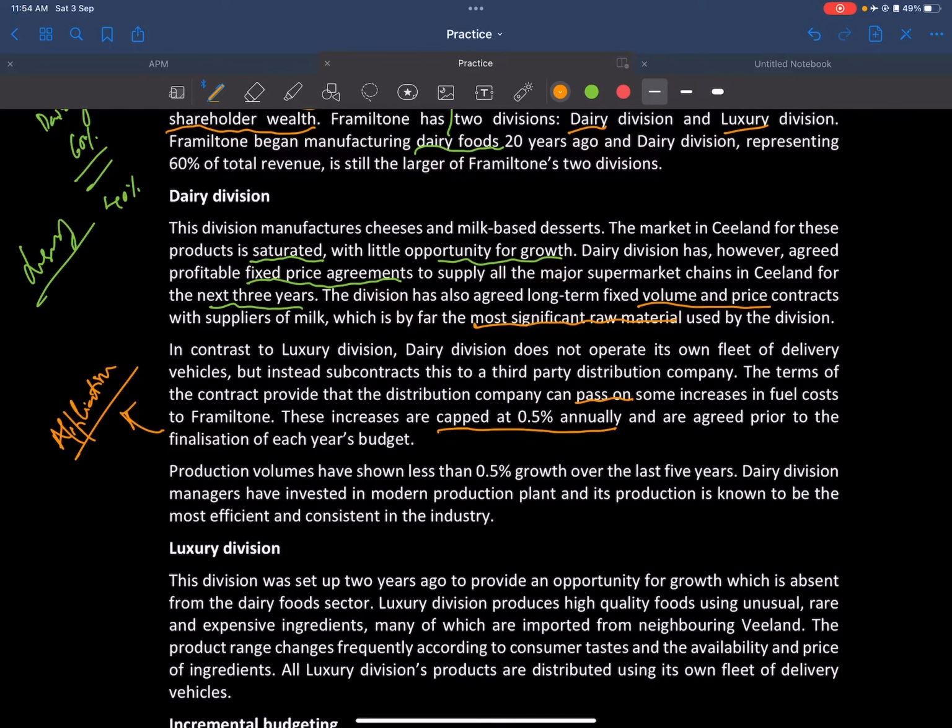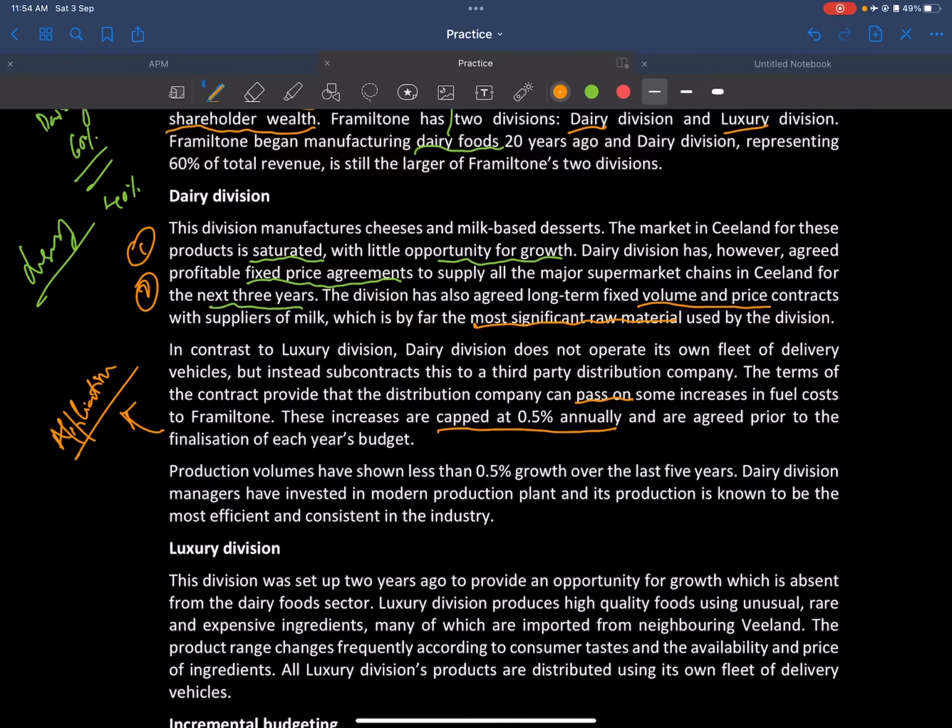Applications to scenario, right? So how many points did I grab from here? Let's just see. Market is saturated, one thing I got that. The second point, I got the fixed price agreements, right? Fixed price agreement for revenue for the next 3 years.